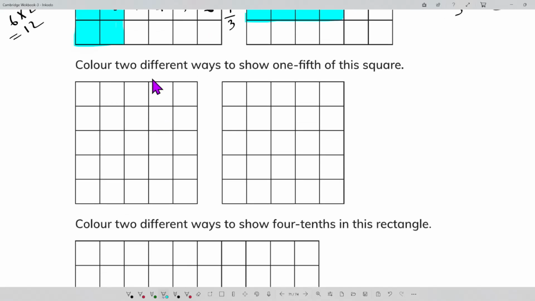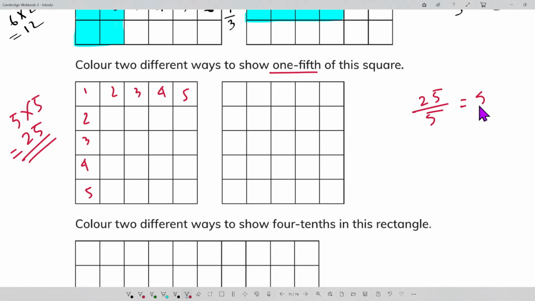Now color two different ways to show 1/5 of this square. So 1/5, look, 1, 2, 3, 4, 5, again 1, 2, 3, 4, 5. It means 5 times 5, so here is 25 squares, and we will make 1/5. It means 25 divided by 5, which is 5.